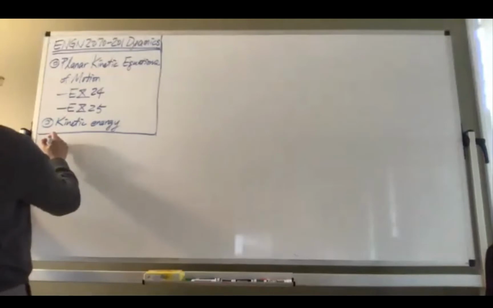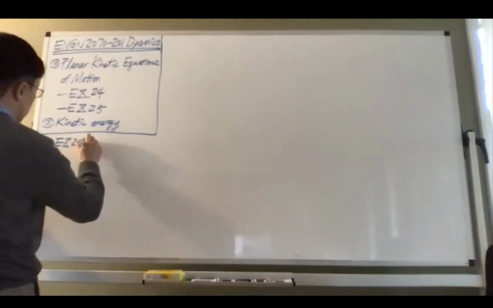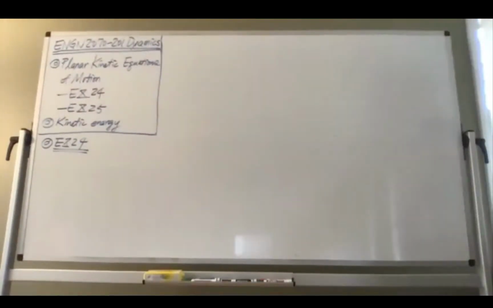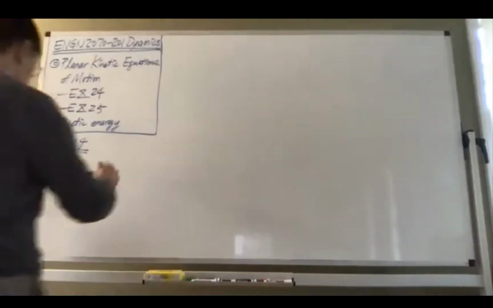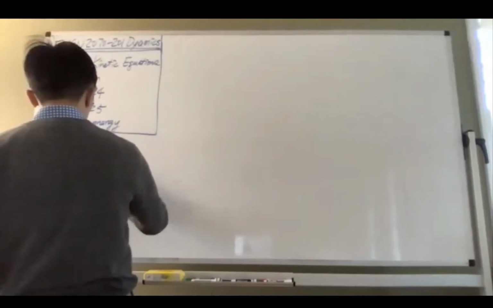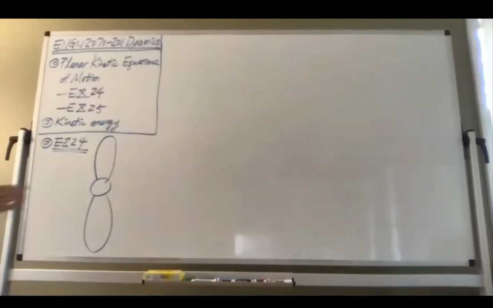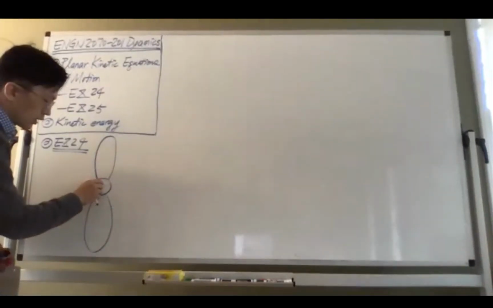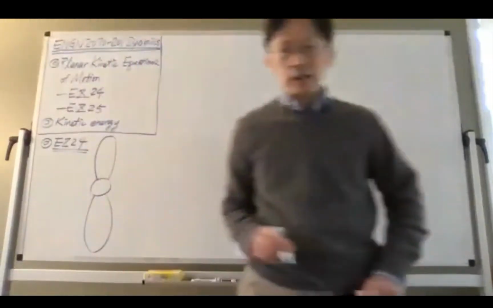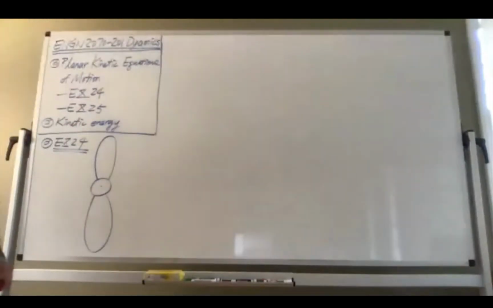Example 24. In this example, you can call it a wind turbine blade, or a fan blade, but it's basically a fan system.